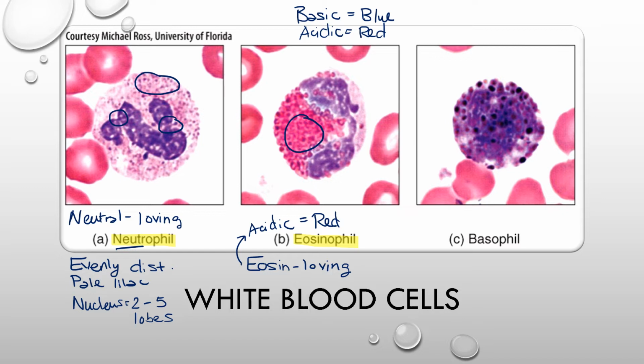These granules generally don't cover or obscure the nucleus, which often has 2 lobes. They're usually connected by a strand, could be a thin or a thick strand of nuclear material. We can see this thick strand right here, connecting those 2 lobes. But these eosinophils have very large red or pinkish colored granules.